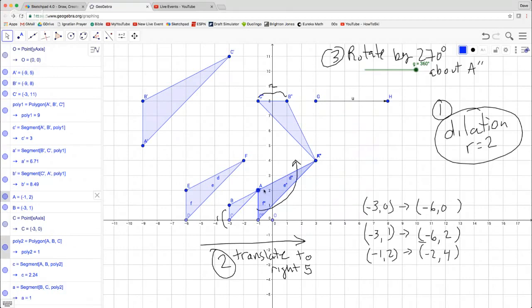Then to get from triangle ABC to A double prime, B double prime, C double prime, we realized we had to dilate it to get it up to the right size. Then we had to translate it, and then we had to rotate it. But again, we did a series of rigid transformations and dilations to match those two up.